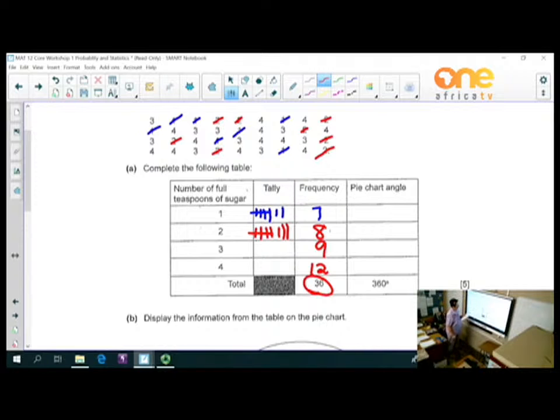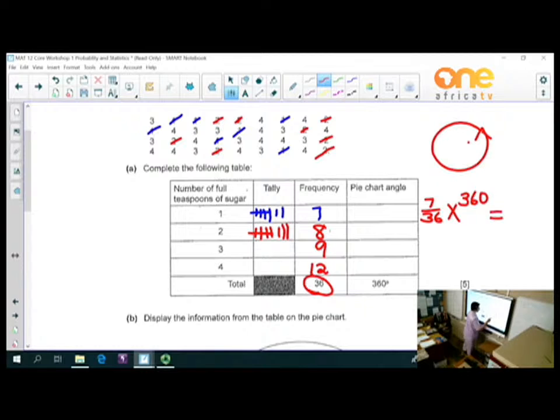And now we have to calculate the pie chart angle. So how do we do that now? So this one will then be 7 out of 36. And what do we know about a pie chart? We know that there right at the center, the angles should add up to 360 degrees. So it's 7 out of the frequency of 36 times that, and it gives me 70 degrees.